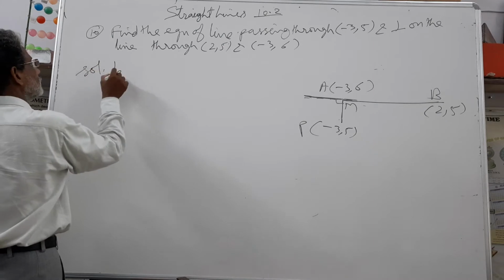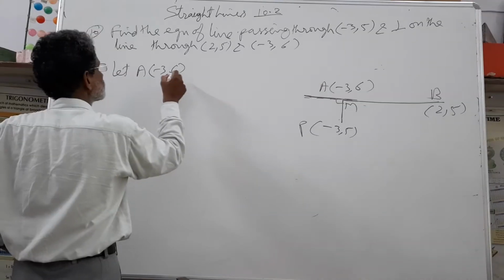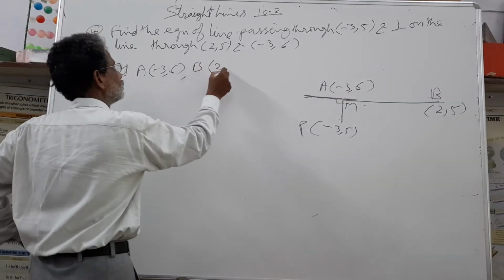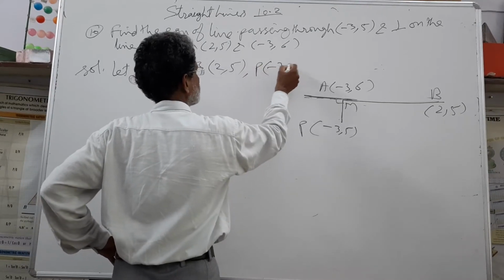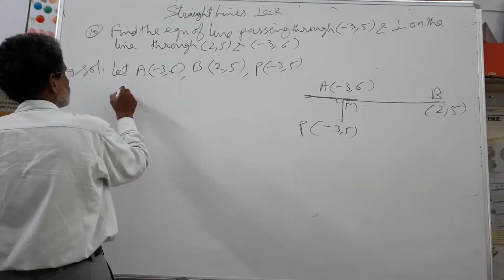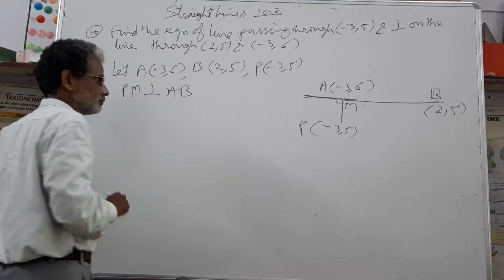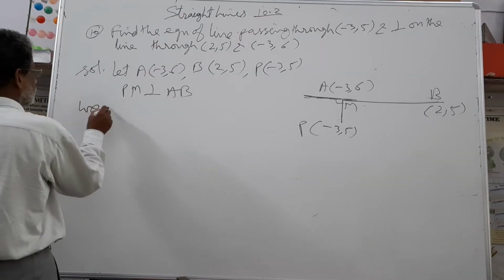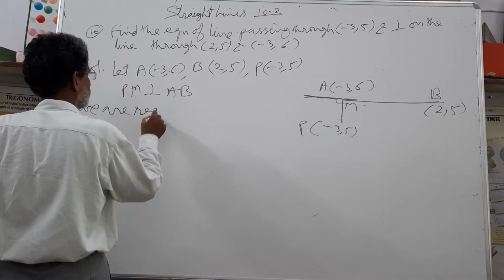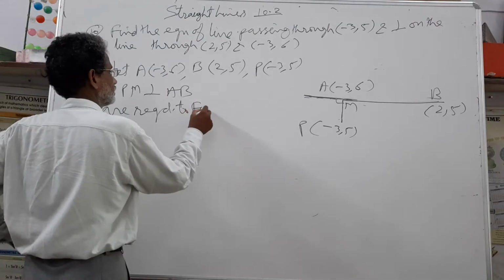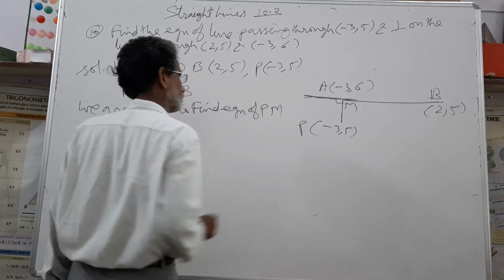Proceed. Let A be -3, 6, B be 2, 5, P be -3, 5. PM is perpendicular on AB. We are required to find equation of PM.